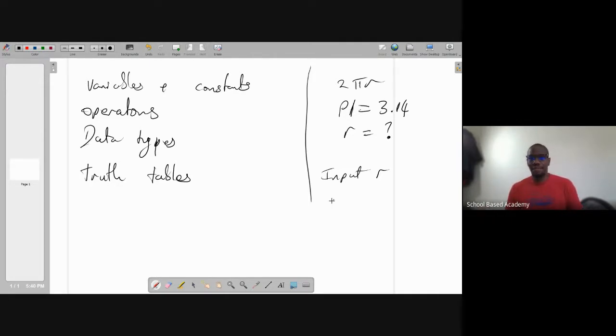Let's say, for instance, small c for circumference is equal to 2 multiplied by pi multiplied by r. Whatever I put into R is going to influence this whole operation, and the result will be stored inside of C. Again, this is just a quick recap.